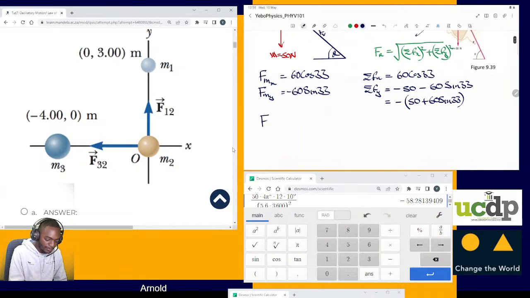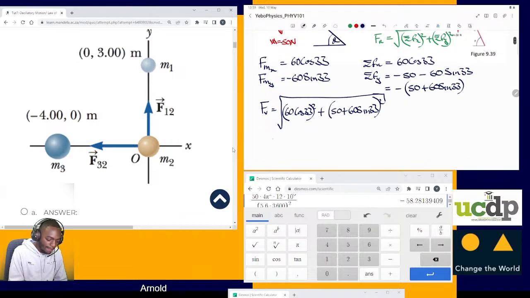Our Fv will now be equal to the sum of forces in the X, 60 cos of 33, all squared, plus a negative 50 plus 60 sine 33. Even if it's negative, when you square it, it's going to be positive.